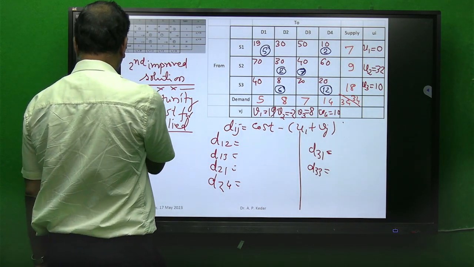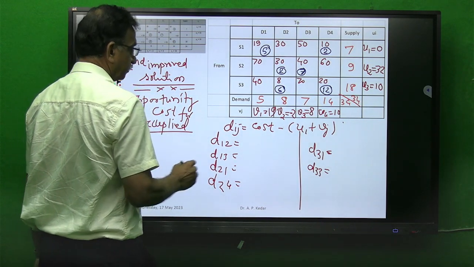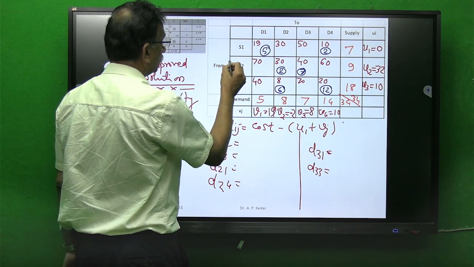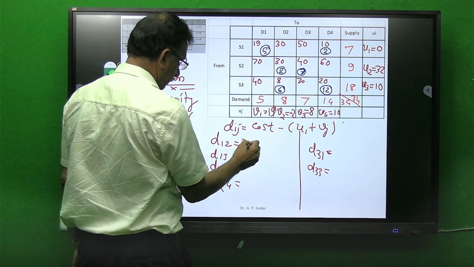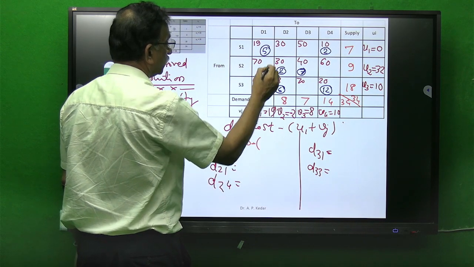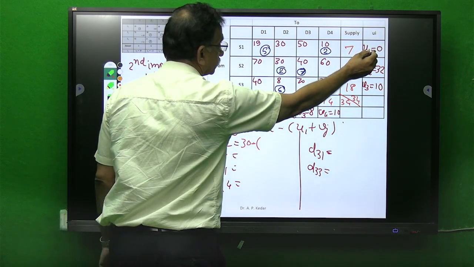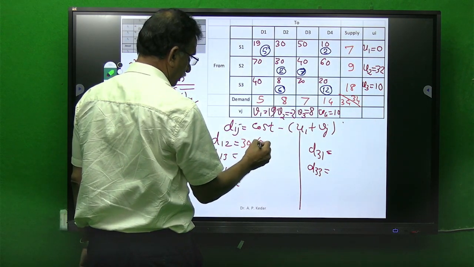Now how to proceed? Quickly, we go to D12. 30 minus 0 plus 8.